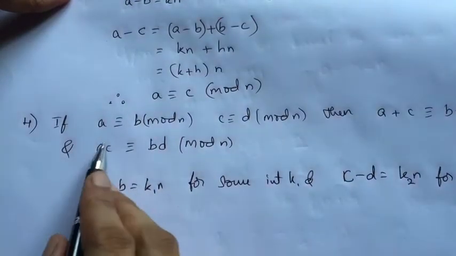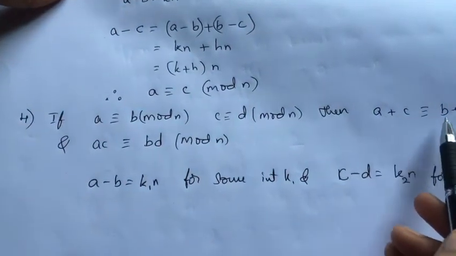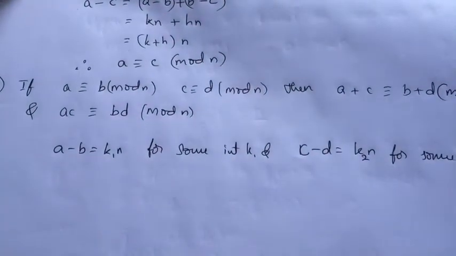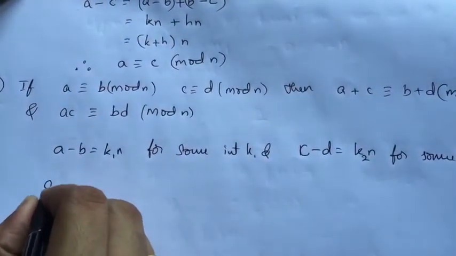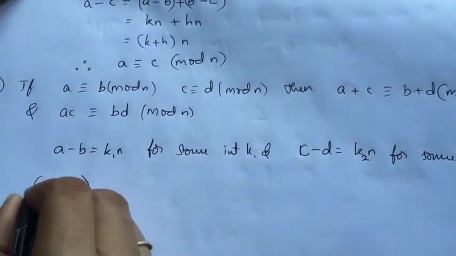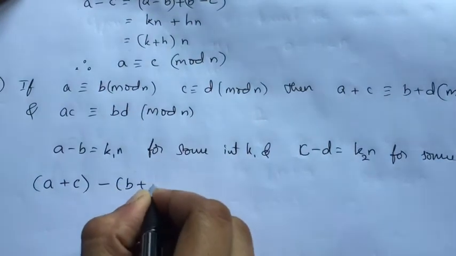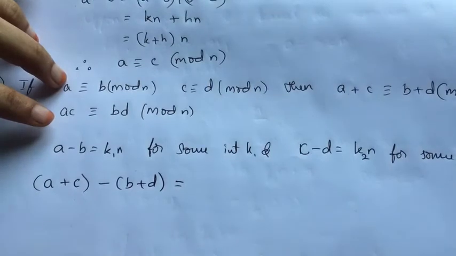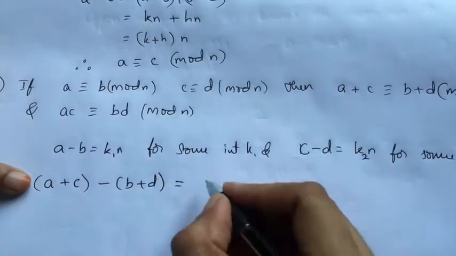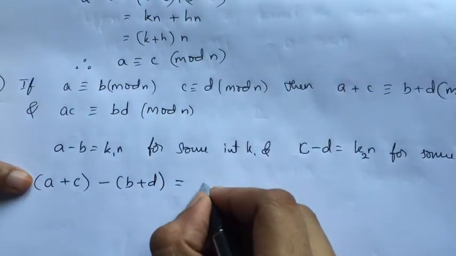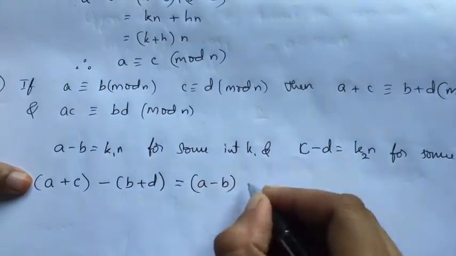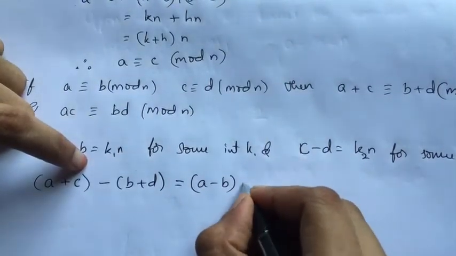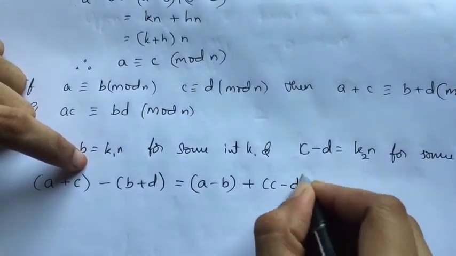Now to prove A plus C is congruent to B plus D, I'll take A plus C minus B plus D. A plus C minus B plus D can be written as A minus B plus C minus D, right?